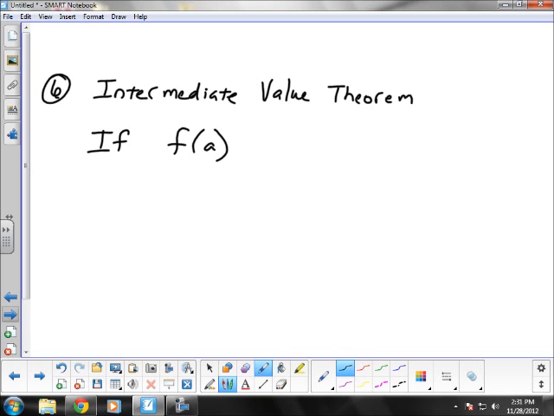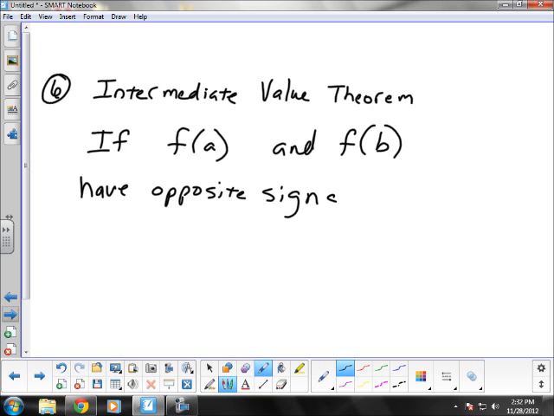Means I'm going to take some number, plug it in the equation, and I get a y back. That's what f of a stands for. And f of b means I took a different number and plugged it in the equation and got the y value back, right? So it says if f of a and f of b have opposite signs. Opposite signs means what? One's positive and one's negative.